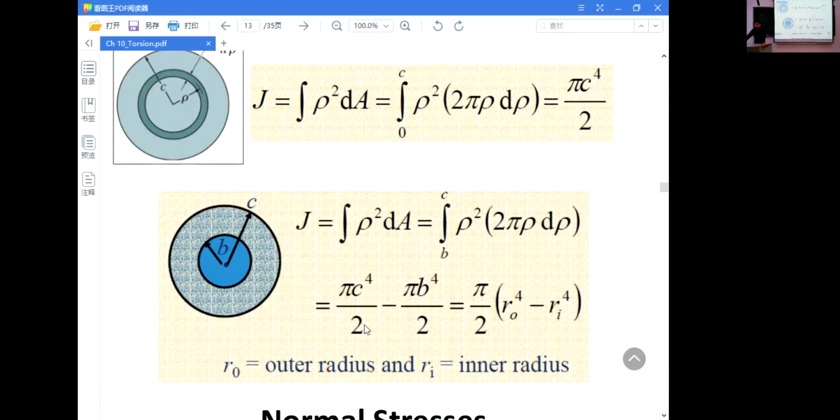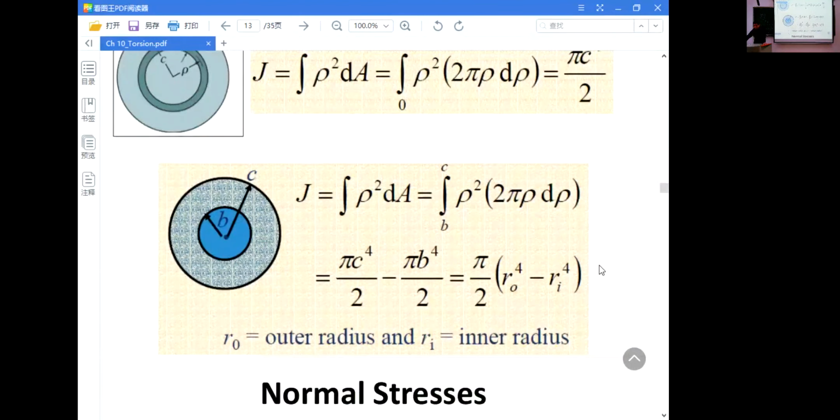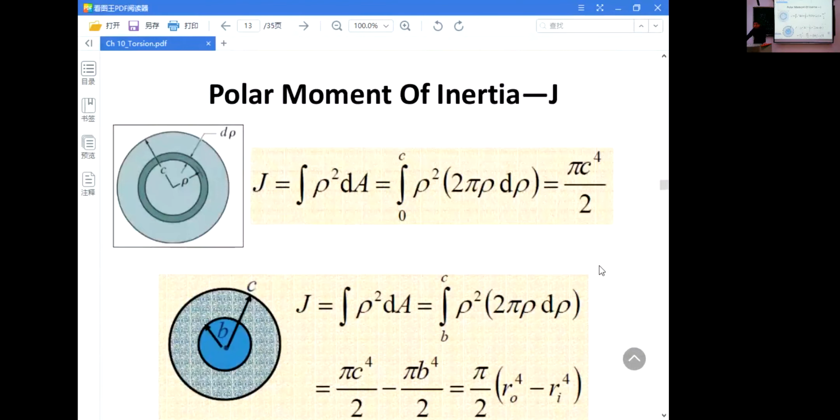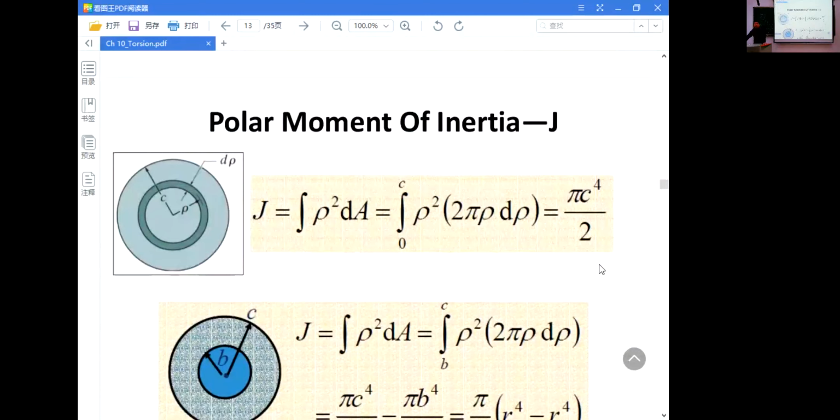Understand? Sometimes we know the shaft is a hollow shaft. Why do we make a shaft as a hollow shaft? Because it's more safe.